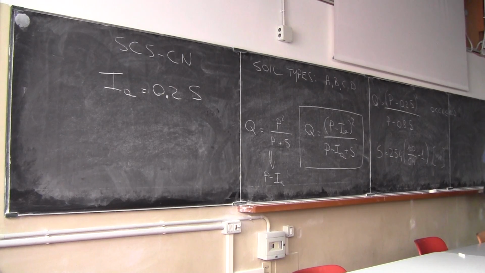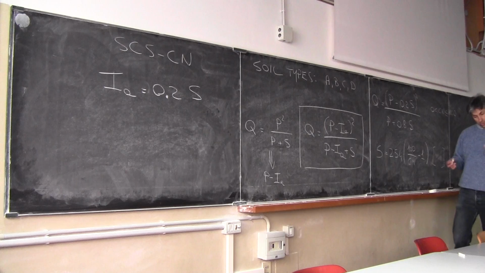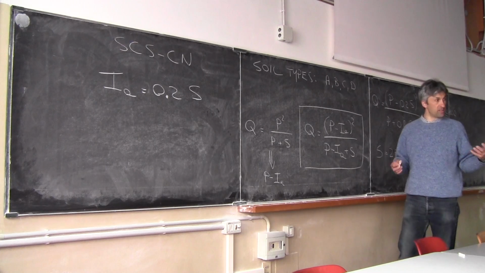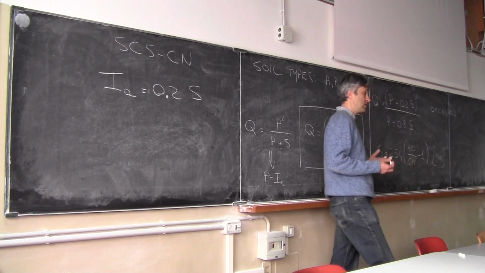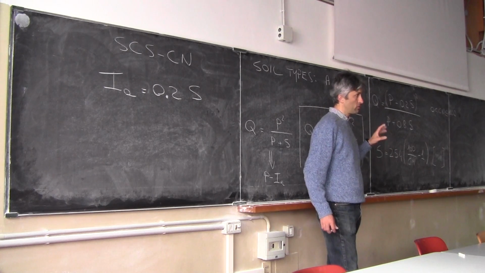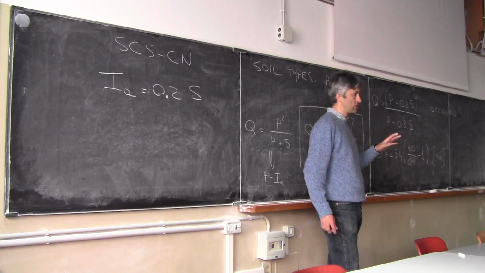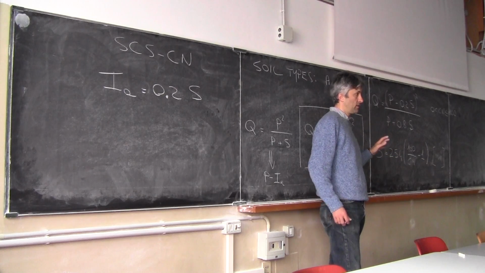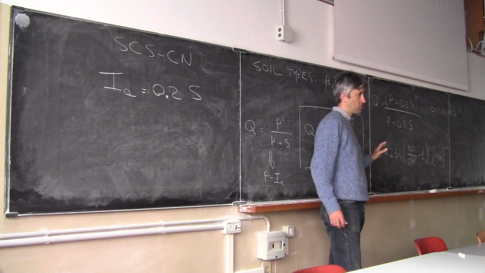It's not easy because when you deal with a large catchment, to identify homogeneous areas is not easy, and also you should take into account the exposure, because it has been proved that infiltration is different depending on the exposure of the catchment.